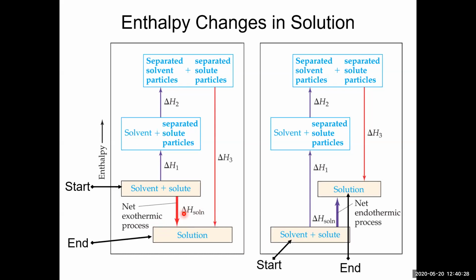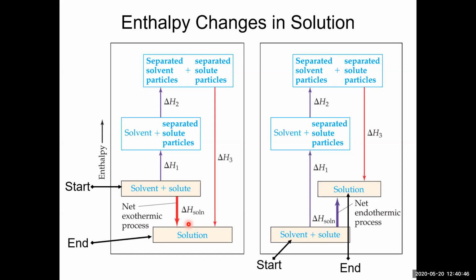We call this overall change the heat or the enthalpy of solution, how much energy is released, for example, when a solution is made. In this case on the left, it's an exothermic process, and what would happen is as you mix them together and they form the solution, it would get warm.